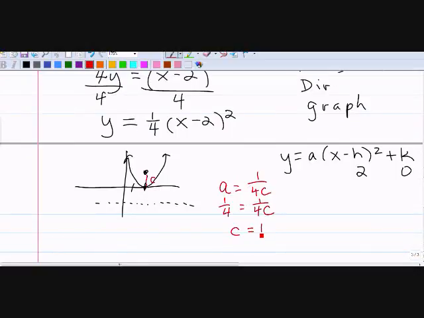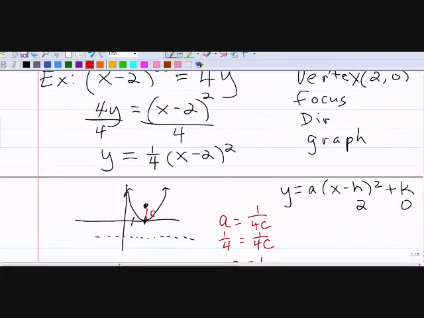Okay. So let me find the xy coordinates of my focus. It is a distance of 1 from the vertex. So my focus is right 2 and up 1.